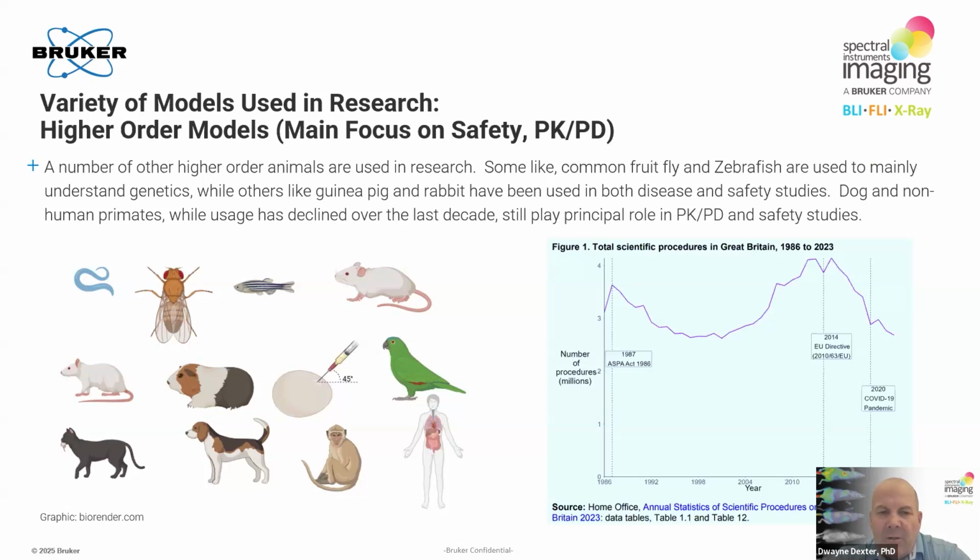Principally, some of the larger animal models, dog and non-human primates in particular, are mainly used in safety and PK/PD studies. The graph on the right actually shows an interesting trend, however. The United Kingdom has great reporting structures for the use of animals and how these animals are used in research. So I'm using their data as a surrogate, but I think generally these trends exist across the rest of the EU as well as in the United States.